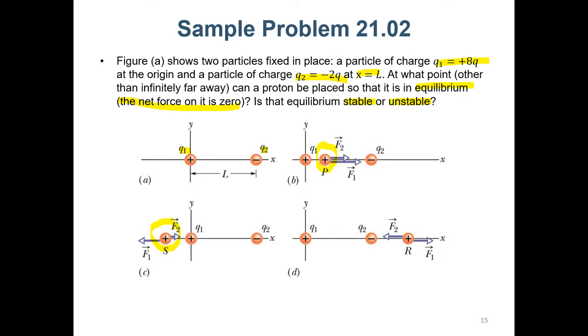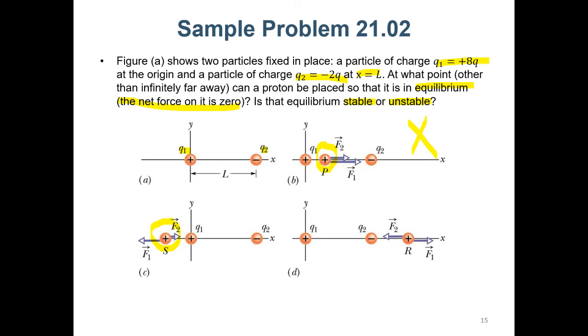And this one is positive, this one is negative, so that they will attract each other, so that F2 points to the right side also. So F1 and F2 both point to the right side, they cannot add to be 0, so that this case is rejected.